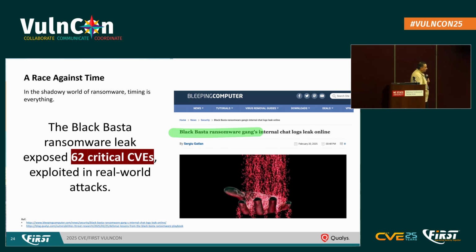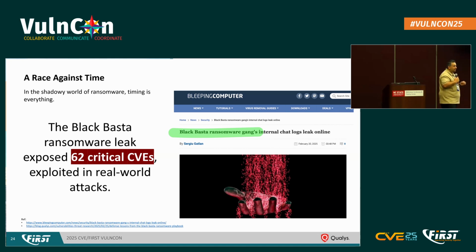The other data point that I have here: around 2 months ago, one of the ransomware groups, Black Bossa, had an internal conflict. What happened was they leaked 200,000 messages of their internal chat.